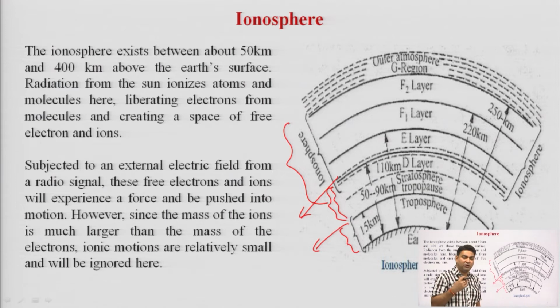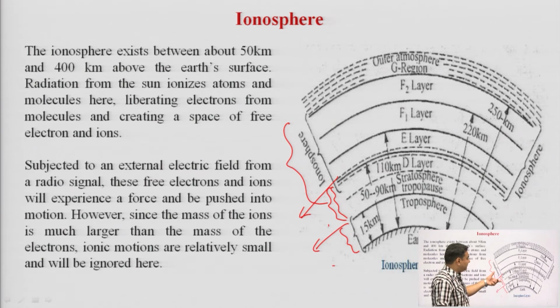But from the communication point of view, it is not so important, because two modes of propagation happen in the tropospheric region and one mode of propagation happens in the ionospheric region, which can be said to be the highest or longest distance communication between a transmitting end and a receiving end.